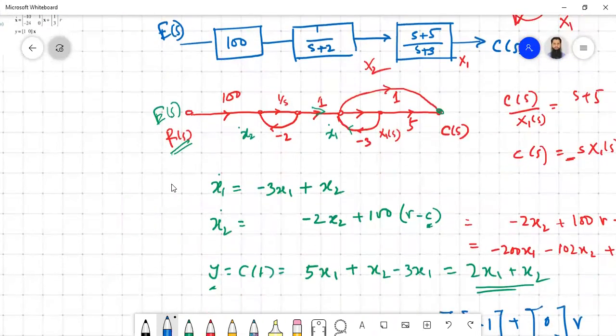So what you can do is say this is your R(s). So R(s) minus C(s). So basically, you can just erase this one. I write it somewhere here. Okay, so R with magnitude 1, minus unity feedback, with a negative, of course, negative unity feedback.